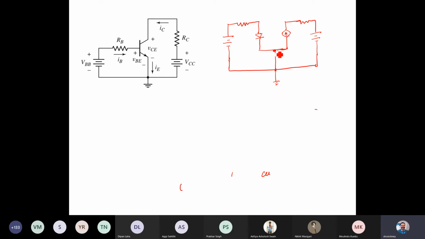This is common emitter, so this is your emitter, this terminal is the collector, and this terminal is the base.